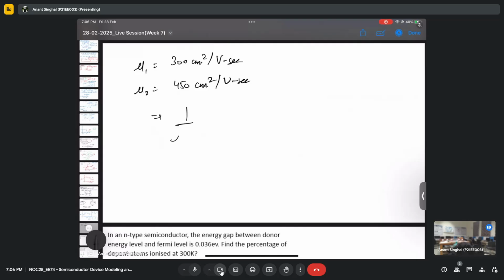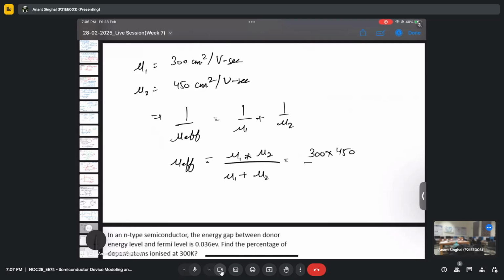So 1 by mu effective is 1 by mu1 plus 1 by mu2. So mu effective will be mu1 times mu2 divided by mu1 plus mu2. It will be 300 times 450 divided by 300 plus 450.